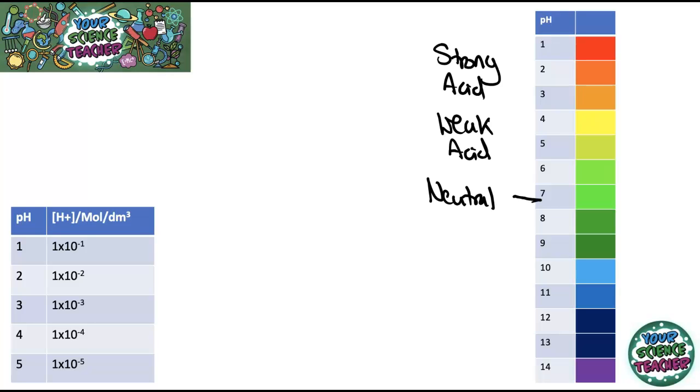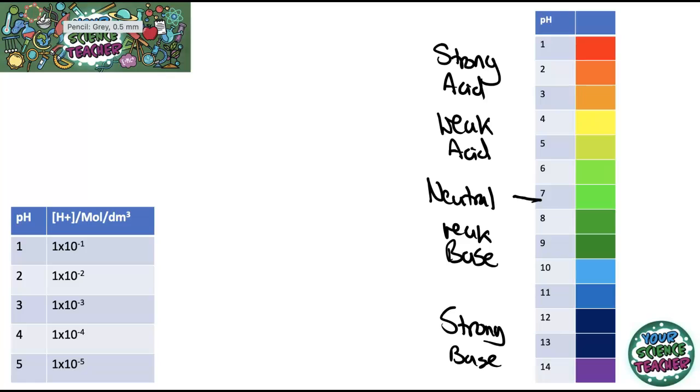And then going the other way, my larger numbers, they tell me if a substance is a base. So here we have a weak base with pHs of 9, 10, 11, and then we've got the really strong bases down here with pHs of 13 to 14.